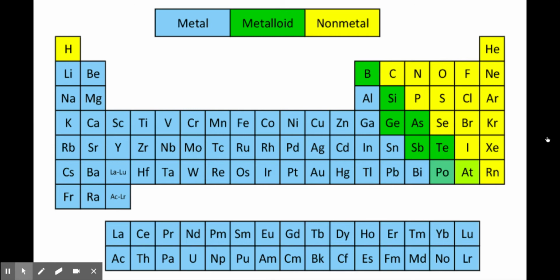So if one atom is pulling electrons towards itself much more strongly than the other atom in a bond, that might result in an ionic bond where an electron actually changes ownership from one atom to the other. Whereas if two atoms have similar electronegativities, with a similar pull on electrons, you might end up with something more like a covalent bond where an electron ends up being shared between those two atoms.